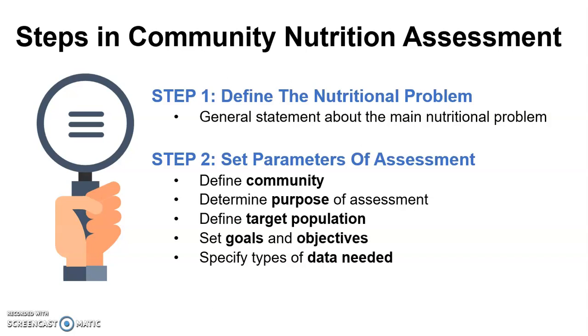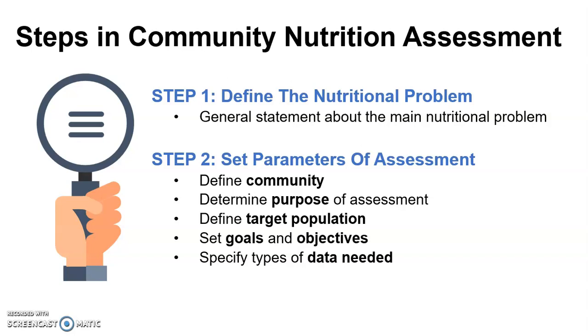So, these are the details of each steps. Lebih kurang macam apa yang saya bagi tahu tadi. Contoh step 2, set parameters of assessment. You kena define community yang you pilih tersebut. Determine purpose of assessment. Define target population you. Alright, set goals and objective. You kena senaraikan objektif kajian you. Specific types of data needed.